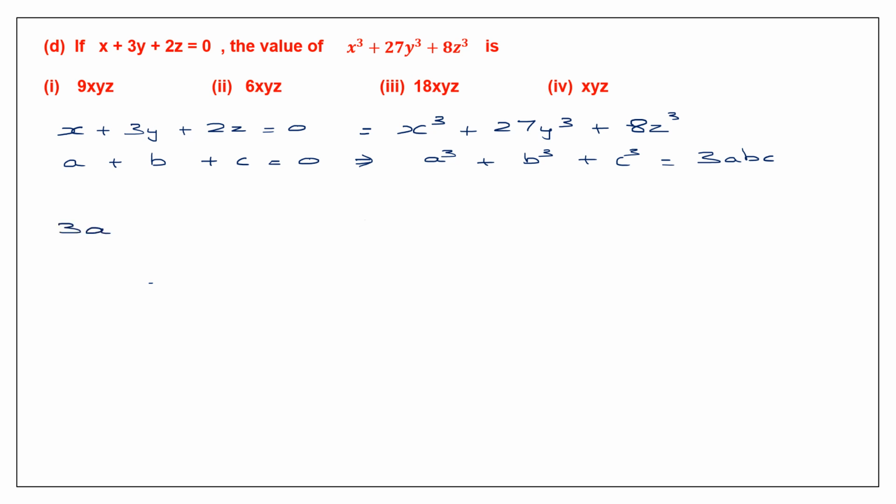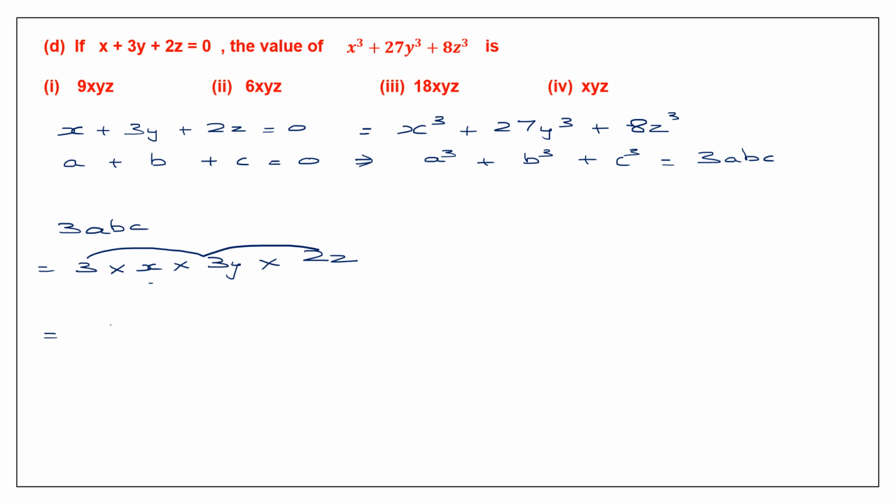3abc is what we need to work on. So 3 into a. Now in the place of a we have x, so we can write x into b. In the place of b we have 3y into c, and in the place of c we have 2z. Now all we have to do is simplify this. Let's multiply all the numbers first. 3 3s are 9, 9 2s are 18.